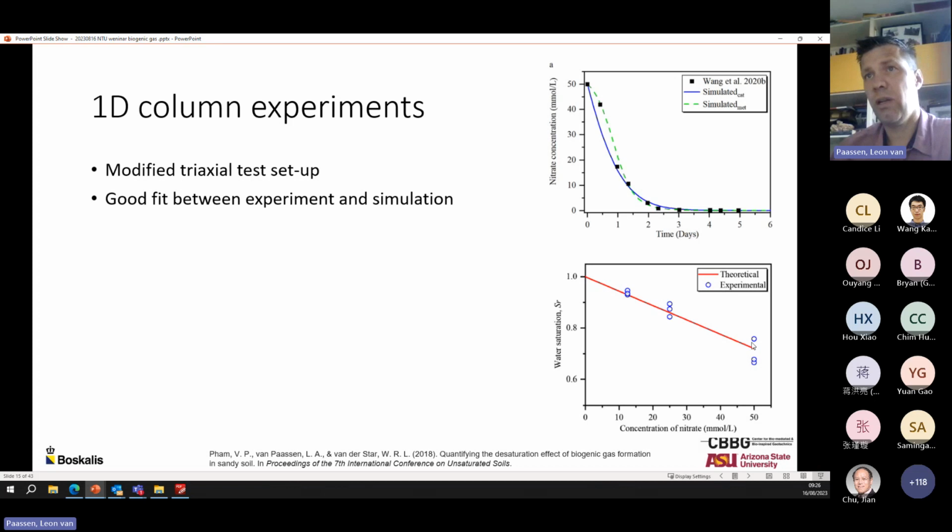That was confirmation that our numerical model for calculating concentrations and products was validated on the 1D column experiments in elevated pressure conditions.